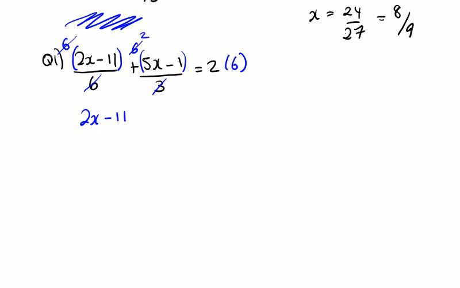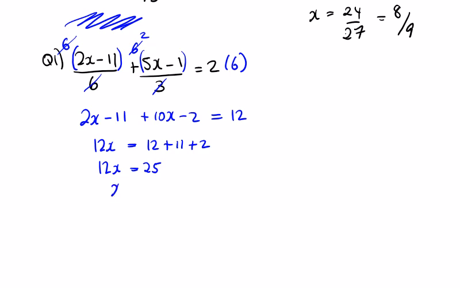This is going to give me a 2, so we're going to have plus 10x minus 2 is equal to 12. So we have 12x is equal to 12 plus 11 plus 2. 12x is equal to 25, I think this time, 13 and 12. X is equal to 25 over 12.